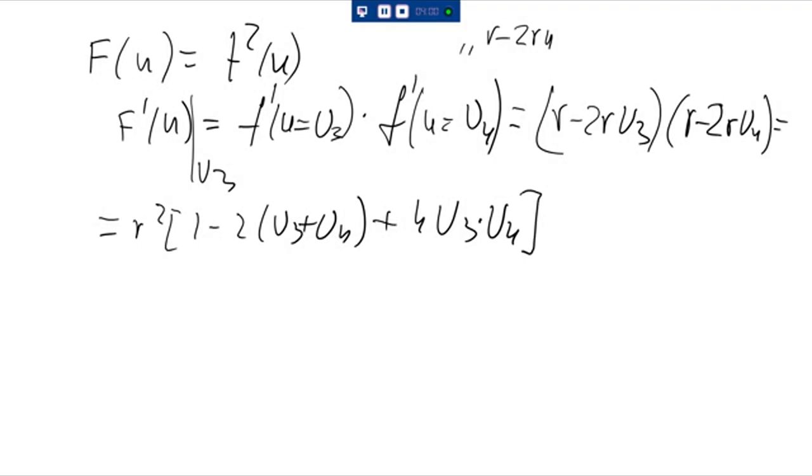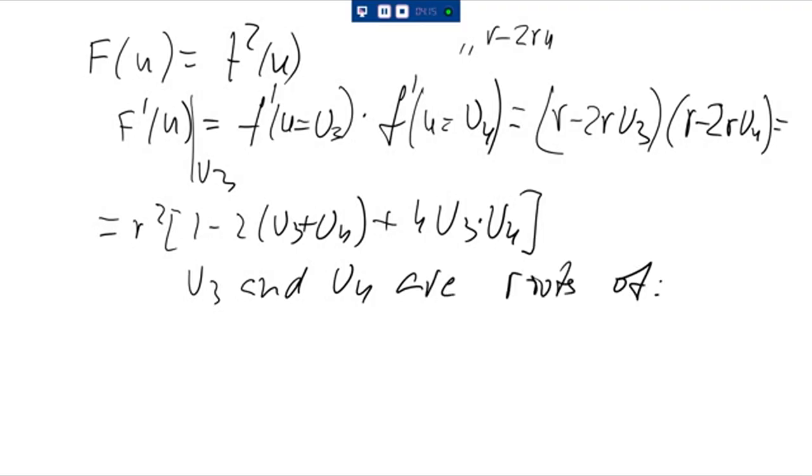We derived earlier that u3 and u4 are roots of the equation u squared minus (r plus 1 over r) times u plus (r plus 1 over r squared) equals 0.